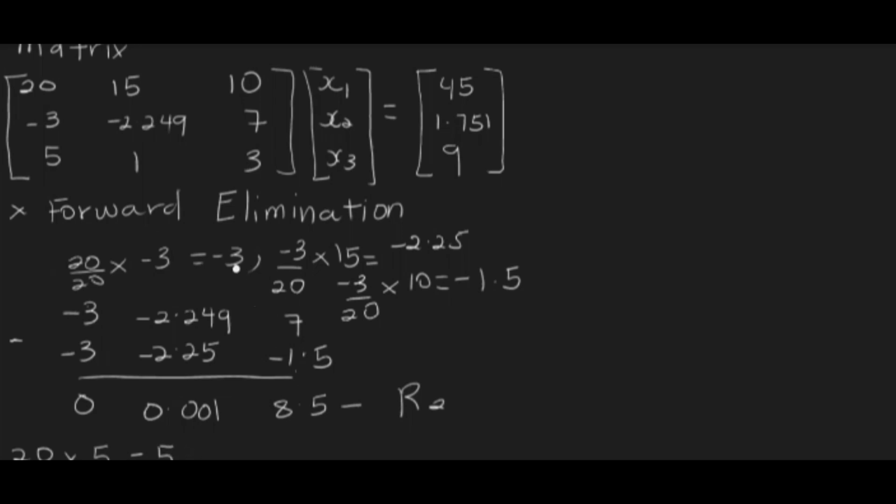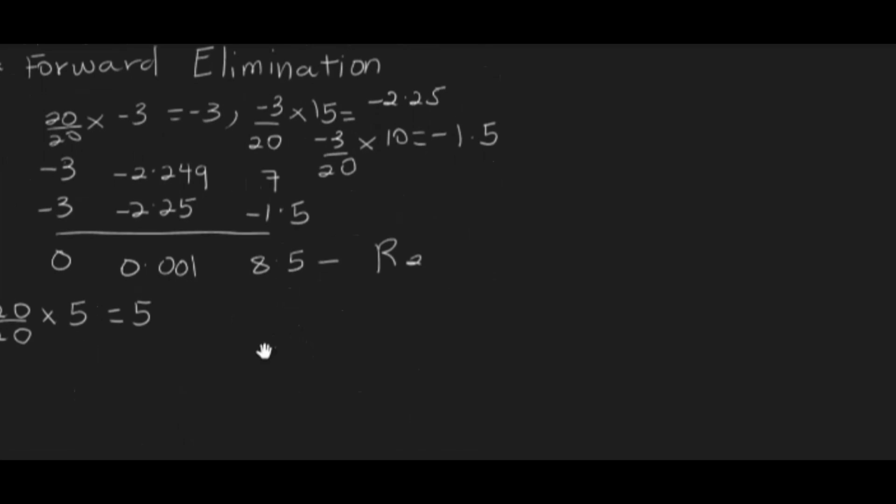Then now let's see, this one too, I'll get 20. So here it will be 15 over 20 times 5 here. So always just take this one over the first entry. So the next one will be 5 on 20 times 15.